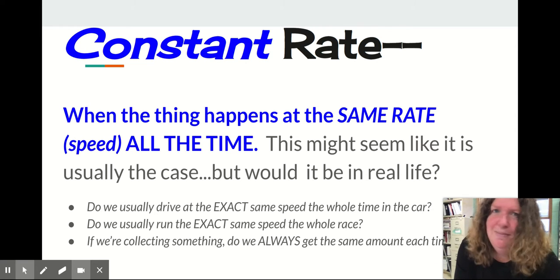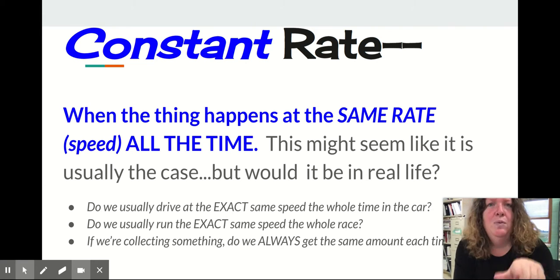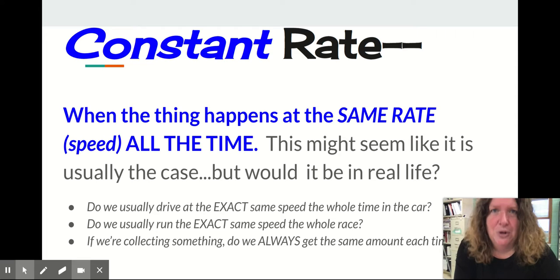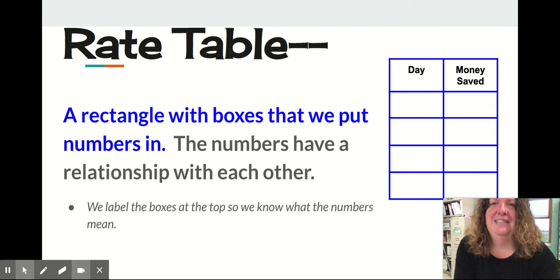Well, a lot of times it's not constant, but when we're learning about rates, we're going to pretend things happen constantly. So we're going to pretend that we're driving the car at the same speed, or pretend that we're always eating 2 apples a day, or pretend that we always collect things at the same rate.